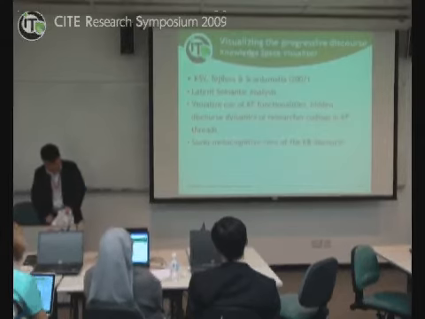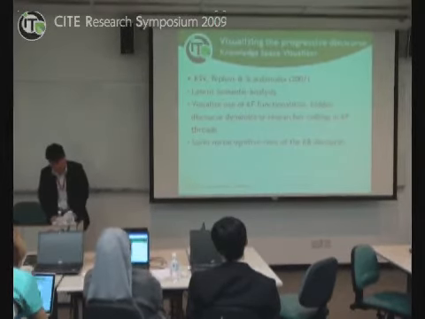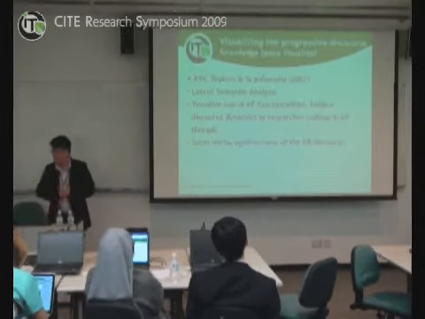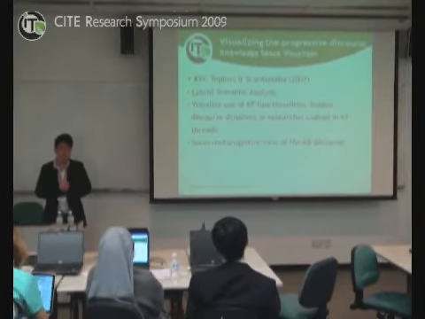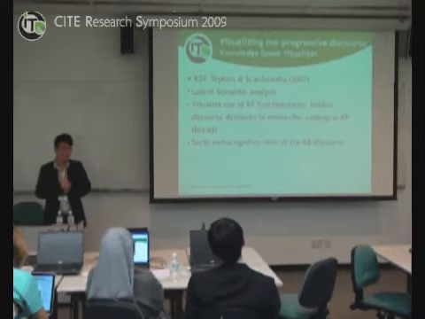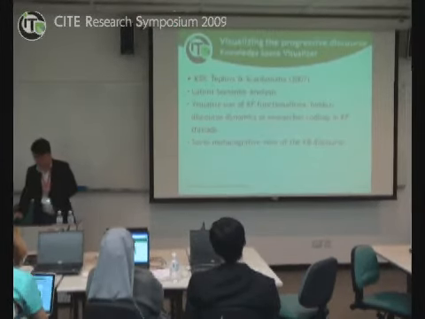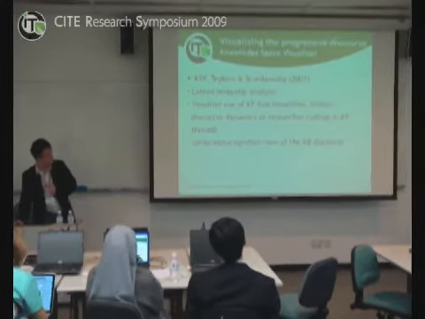And the third thing that we have done with this set of data is to look at what kinds of argumentative markers are used in conjunction with the use of scaffolds in Knowledge Forum.